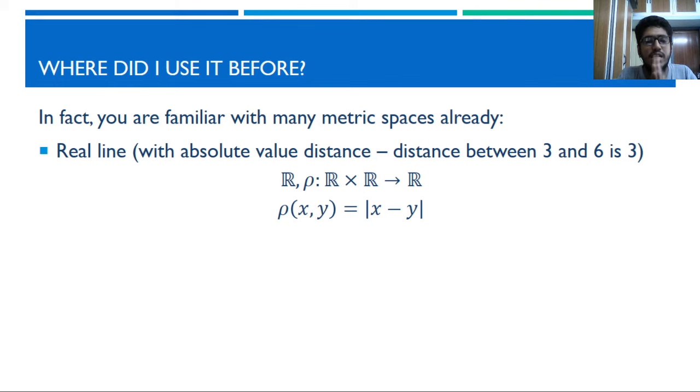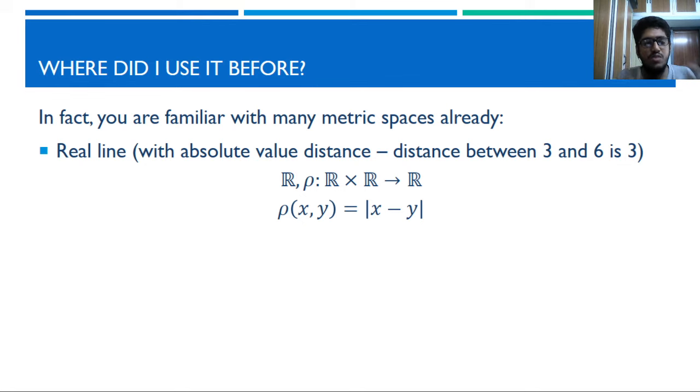That's because the metric which we apply on R in this case is rho. Rho is a function from R cross R to R. Notice that the domain matches and the codomain is R. We don't know about the range yet. Rho of x comma y is equal to the absolute value of x minus y.